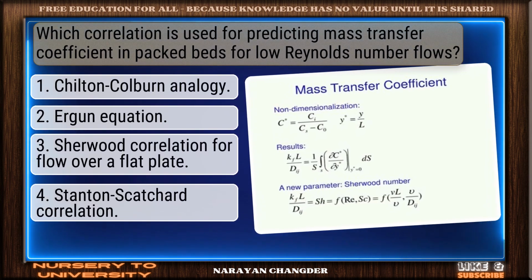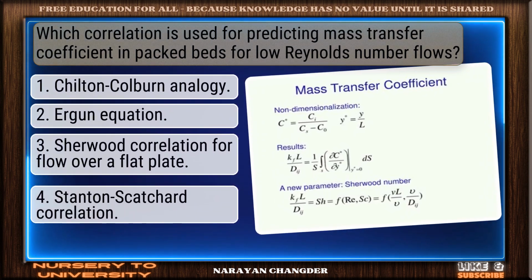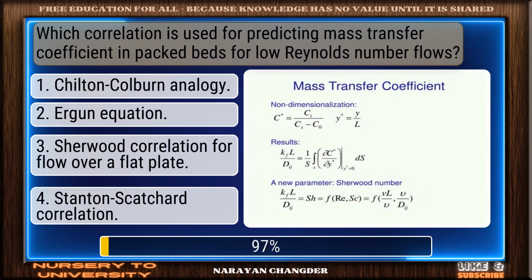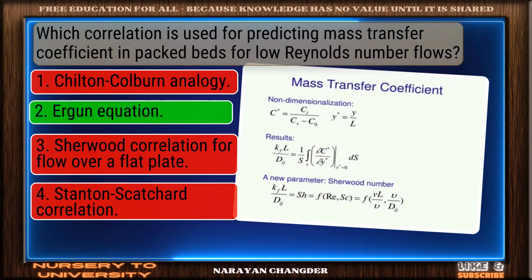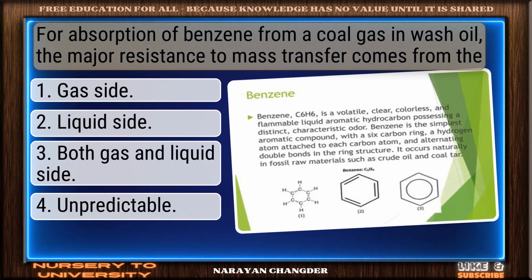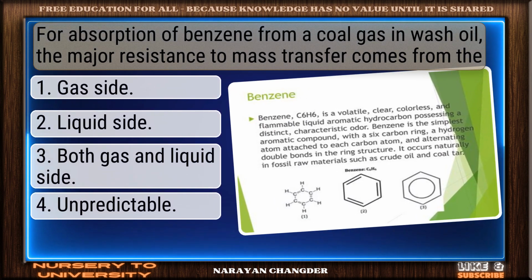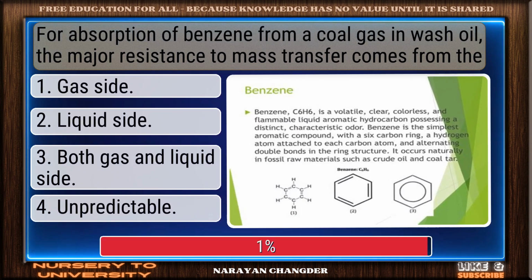Which correlation is used for predicting mass transfer coefficient in packed beds for low Reynolds number flows? Valid point. Ergun equation is true. For absorption of benzene from a coal gas in wash oil, the major resistance to mass transfer comes from the.